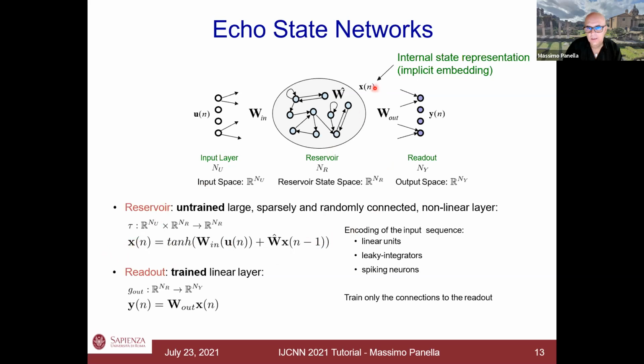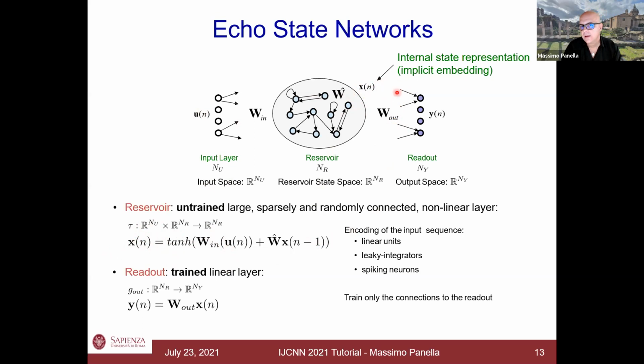dynamic equation of a dynamical system. This state is a representation of the time series, and the input can be a vector, so an explicit embedding can be applied, or it can even be a scalar input, so the scalar time series. And in this case, the state will be an equivalent representation of an embedded state.